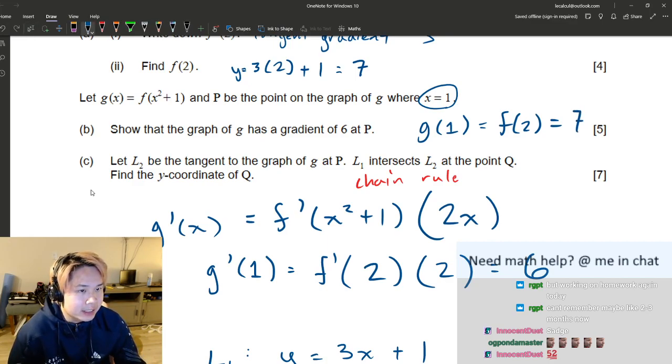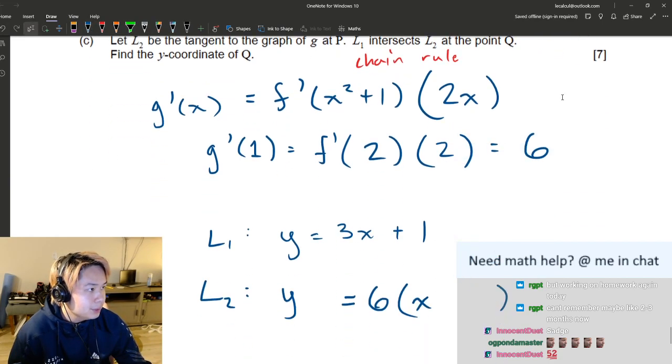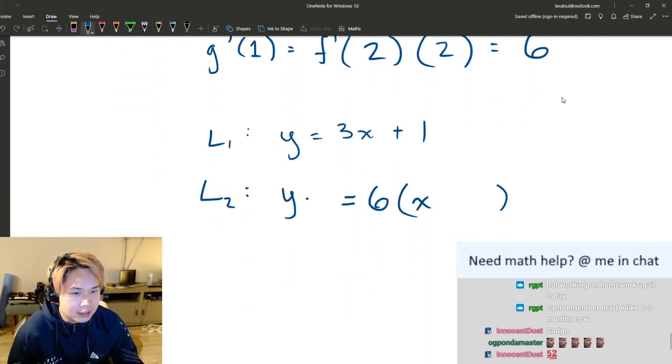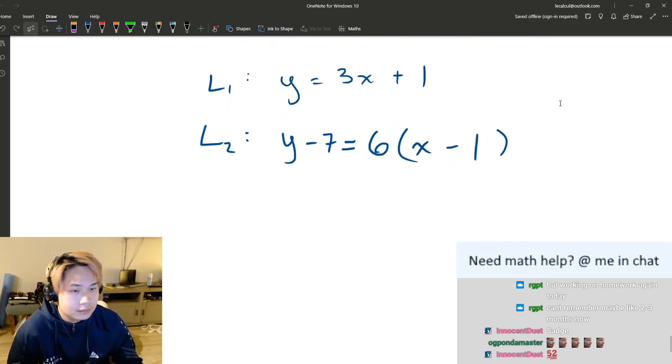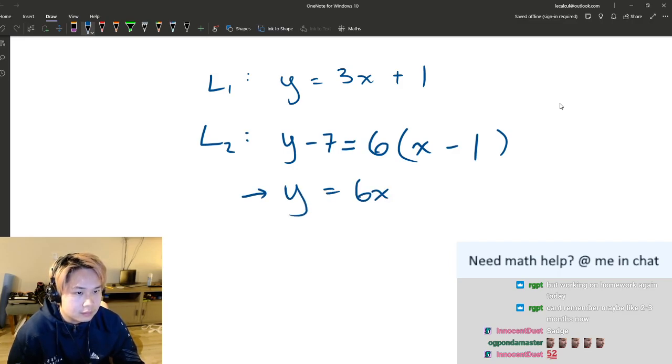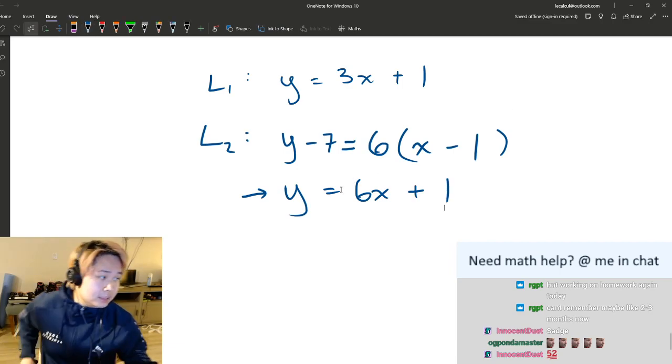In other words, point P has the full coordinates 1 and 7. So putting this into this formula over here, this is the equation for line 2.